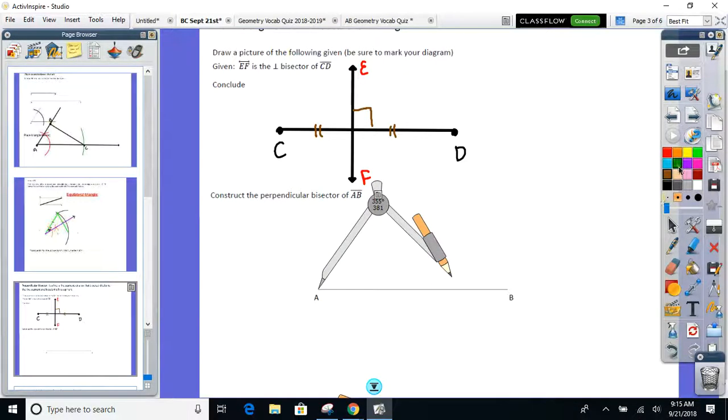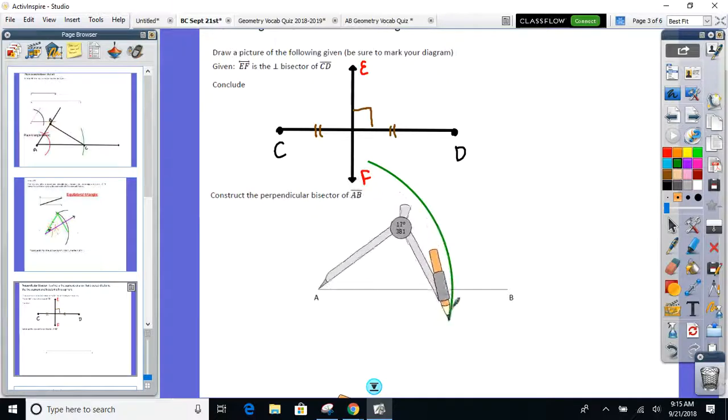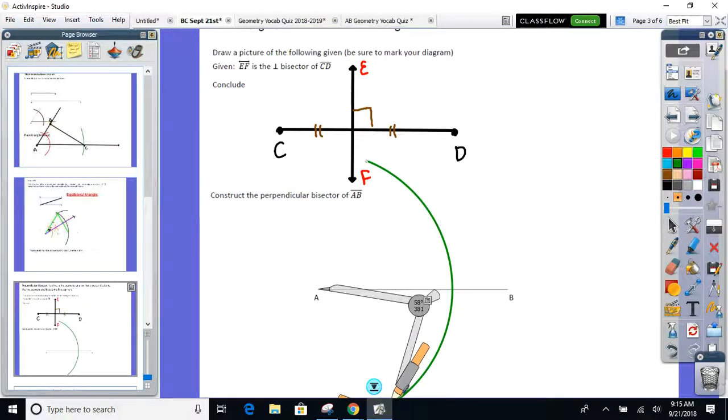Yep. You make a decent size arc. Keep the same opening and go where now? To the other side, yep.